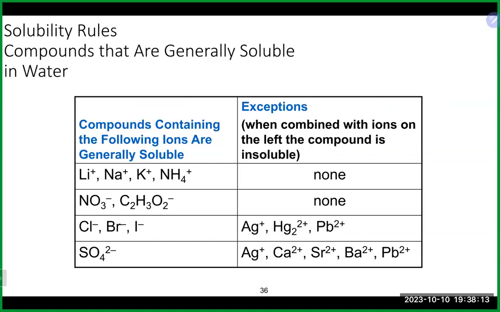So how do we know if we are going to get a solid or not a solid? We could use what I refer to as solubility rules to help us decide. And solubility rules, there are different ones. So what we're looking at in this particular table here are compounds that are typically soluble in water. And let us make sure we understand what it means in terms of our symbols.